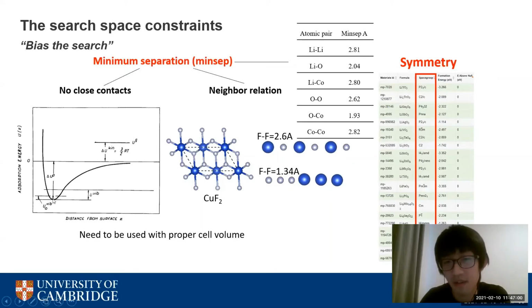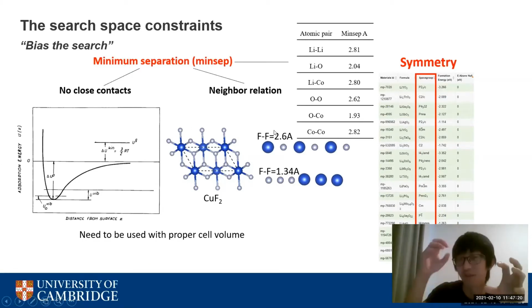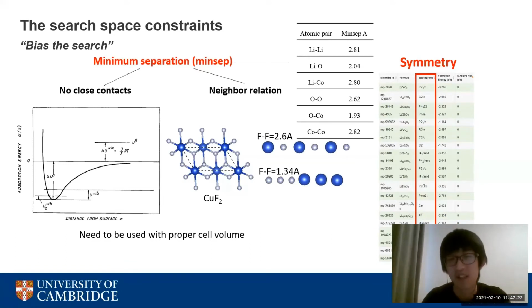So if you set the fluorine minimum distance to be larger than this 1.34, like if you set it to 2.6, you will not be able to get this kind of high energy structures. You will be able to kind of only sample this kind of copper fluorine configurations. So this essentially helps you narrow the search space down.